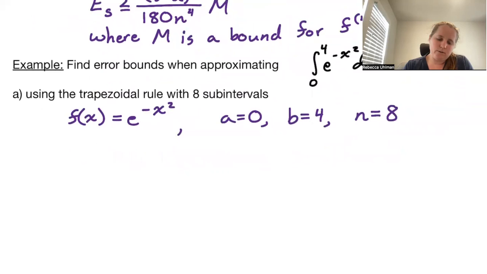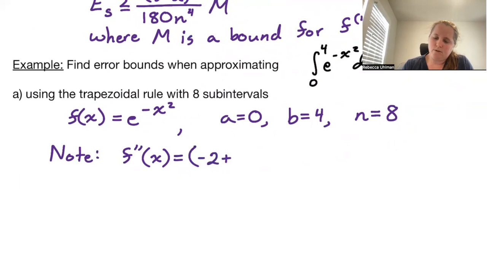Note that the second derivative of f is (negative 2 plus 4x squared) times e to the negative x squared, which is continuous on the closed interval [0, 4].